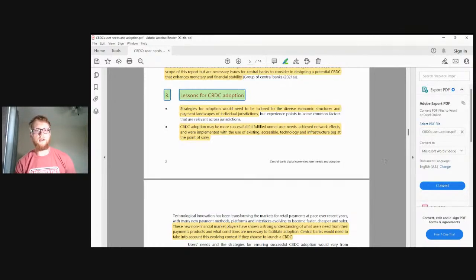There's that. And also, it'd be easiest if it can already be implemented with the existing technology and infrastructure that we already have, right? Instead of everyone having to either buy or learn how to use a new type of technology, whether that be, say, a Trezor for crypto, in terms of a digital wallet that you can use for crypto and stuff like that. Not everyone knows how to use those things.